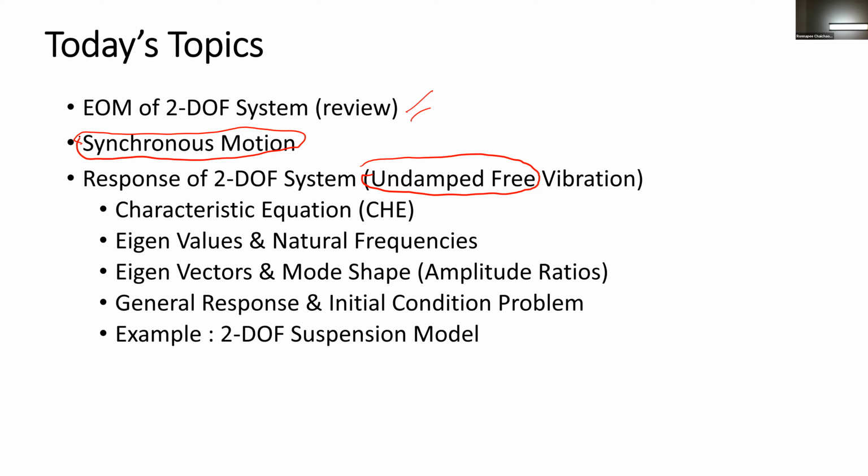And yeah, as I mentioned, we're gonna focus on the undamped free vibration of two degree of freedom system. From the equation of motion, we will derive it in a form, and then we will use the idea of the characteristic equation.